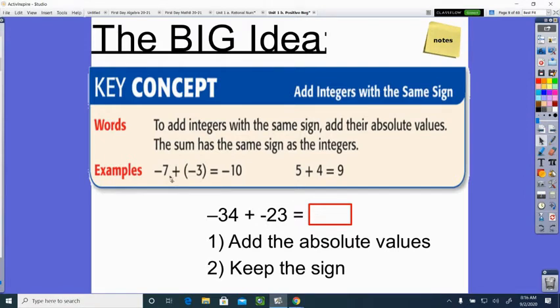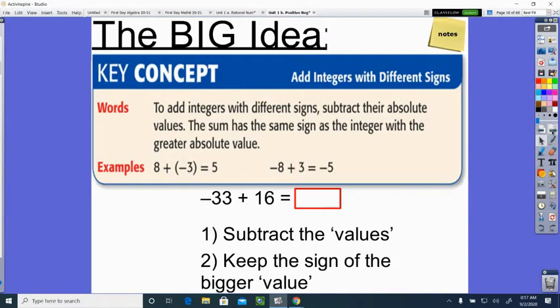So up here, they are both negative. You add the 7 and the 3, you add the absolute values, and you keep it negative. If they're both positive, you add the absolute values, which are positive, and you keep it positive. So when adding numbers that have the same sign, you add their absolute values and keep the sign. So this one would be a negative 57.